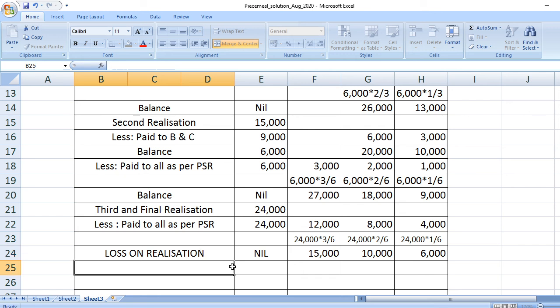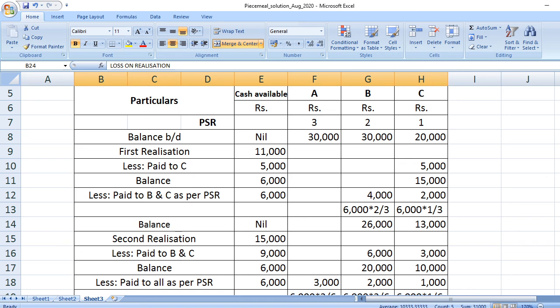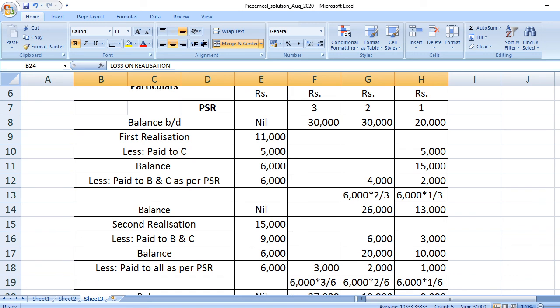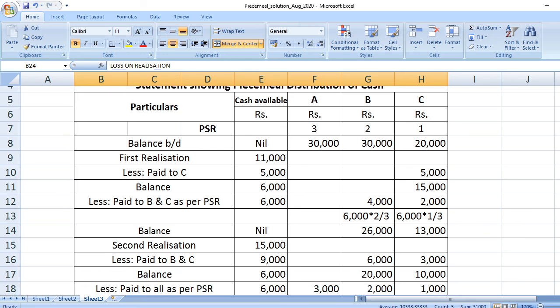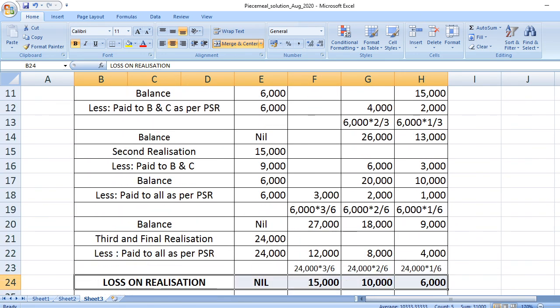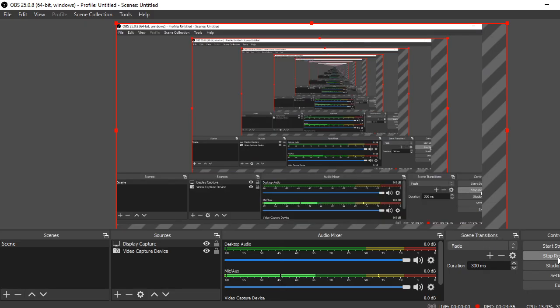And this loss we got after the payment of all realization money to all partners. You see that this particular answer is very simple to calculate. If you understood how we calculate this, you can easily get good marks. Okay, the problem is over. I hope you understood. Thank you.